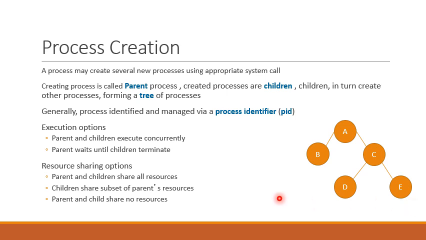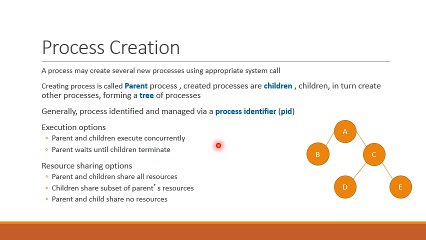From the execution point of view, processes have two options. The first option is that parent and children execute concurrently. That is, both the parent process as well as the child process will execute at the same time. The second option is that the parent process waits until children terminate.